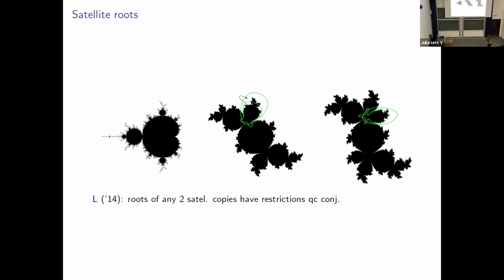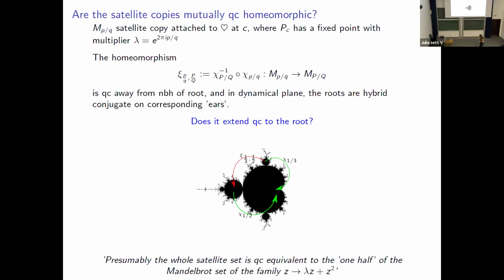So, what did we say so far about satellite copies? If I have a satellite copy, I know that it's homeomorphic to the Mandelbrot set outside any neighborhood of the root, and this homeomorphism is quasi-conformal.